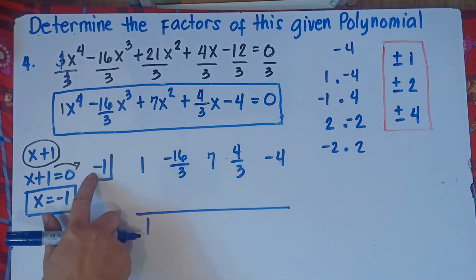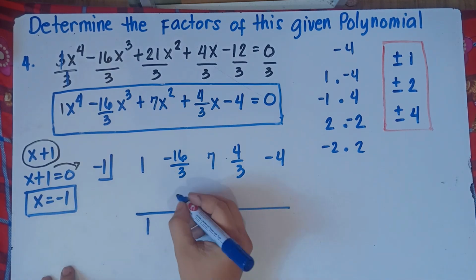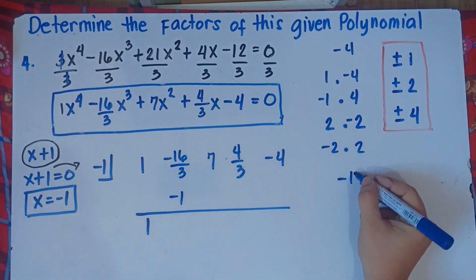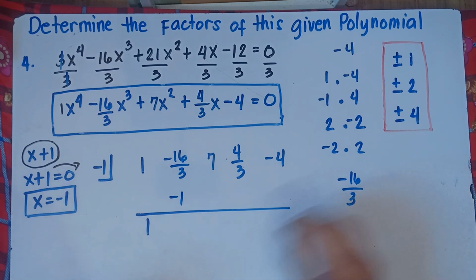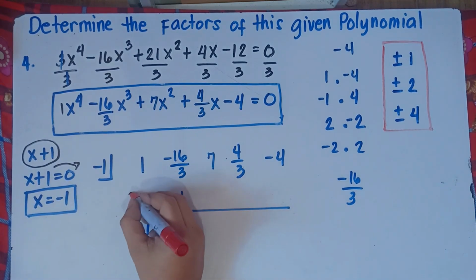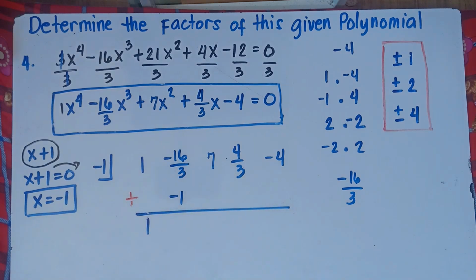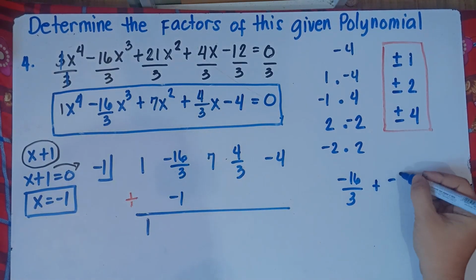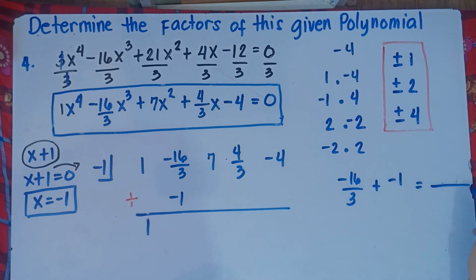Then you multiply negative 1 times 1. That's negative 1. Then you combine negative 16 over 3 plus negative 1. Understood that there's 1 here. You find the LCD. What will be the LCD of 3 and 1? So once again class, if they don't have the same denominators, you find the LCD.